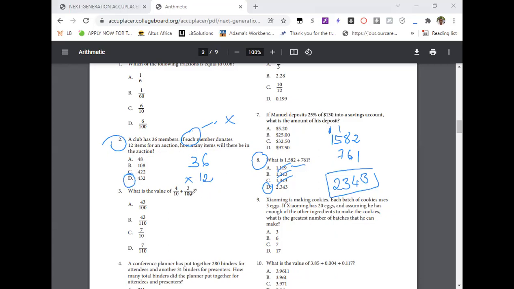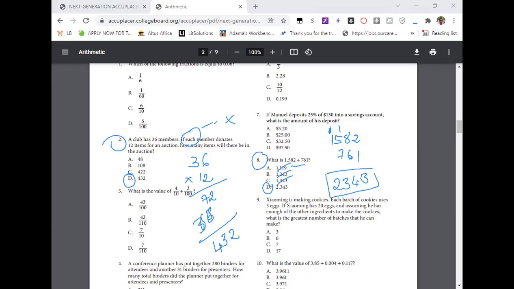So in multiplication again, remember, multiply one at a time. That's 72, 36, 2, 3, and 4. That would be D.